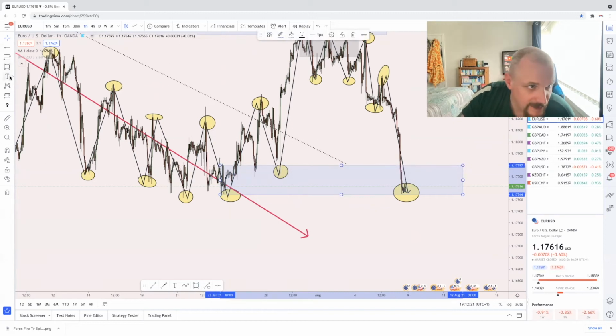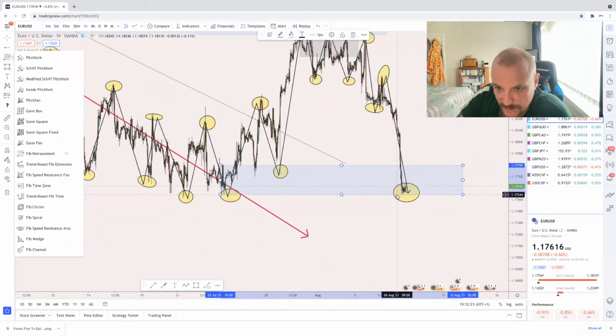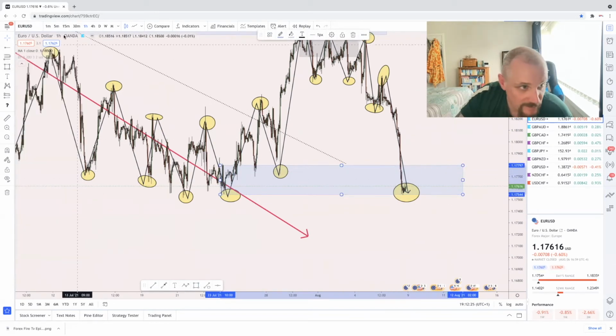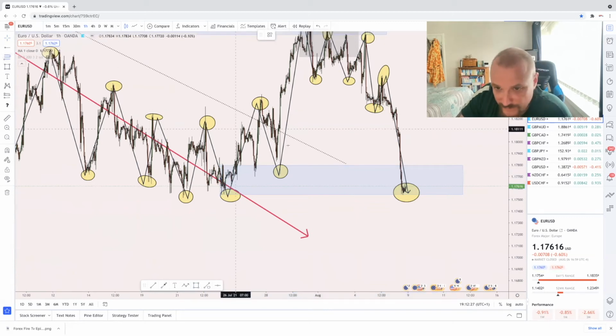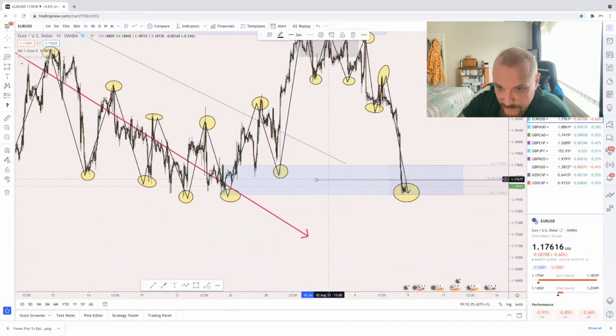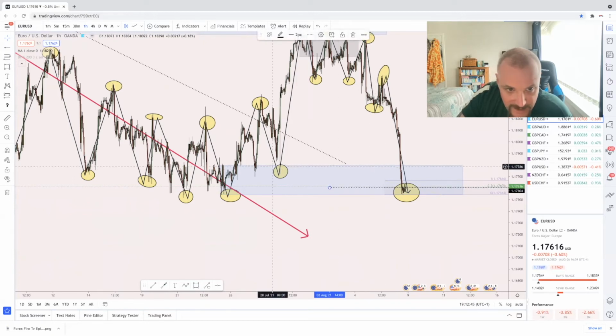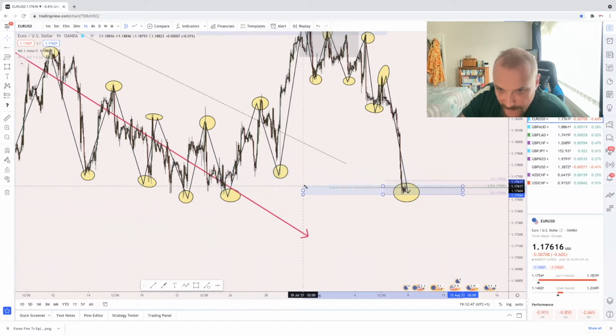And then again, you're looking for the 50%. And it's come deeper than that, to be fair. Again, mark your 50% down. Bring your line down to that 50%, and then bring your line down again. This is your area of your target.